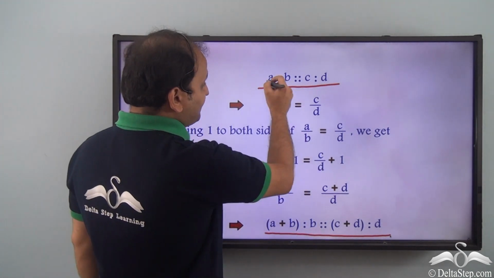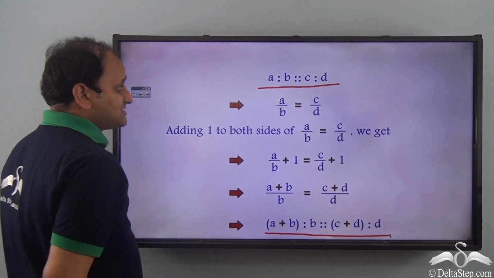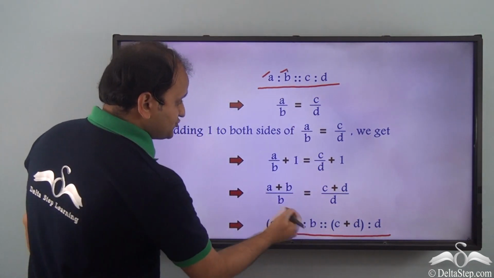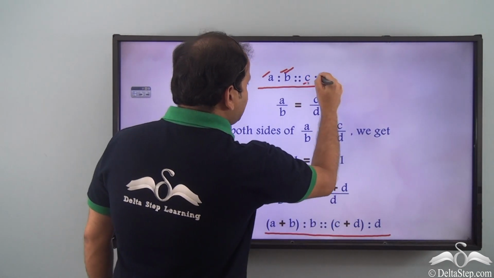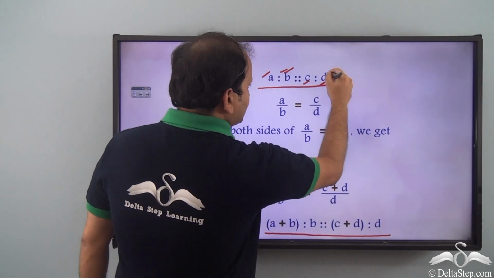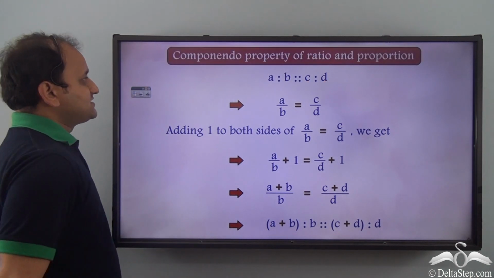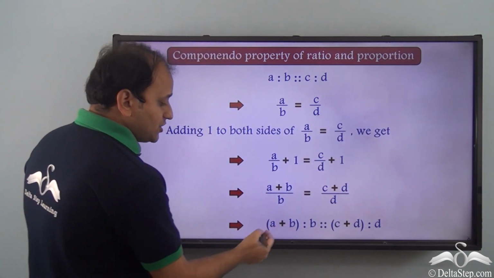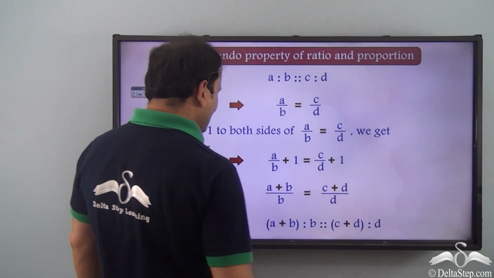So whenever we have A is to B is proportional to C is to D, then we can write A plus B is to B is proportional to C plus D is to D. What do we name it? We call it componendo property of ratio and proportions. So A plus B is to B is proportional to C plus D is to D.